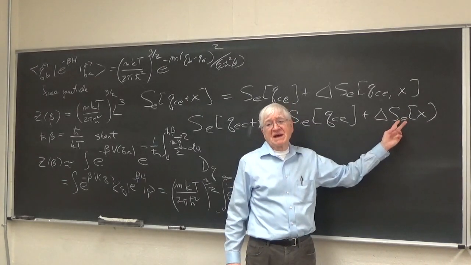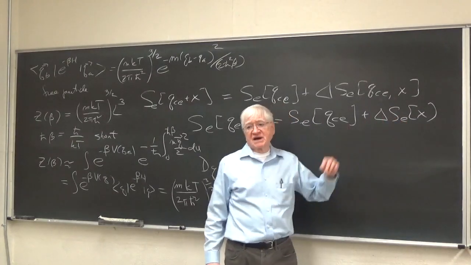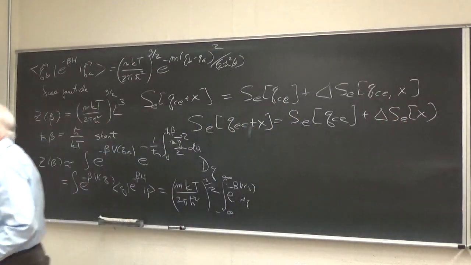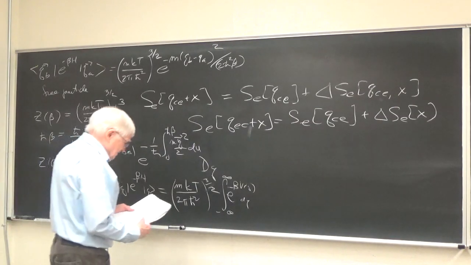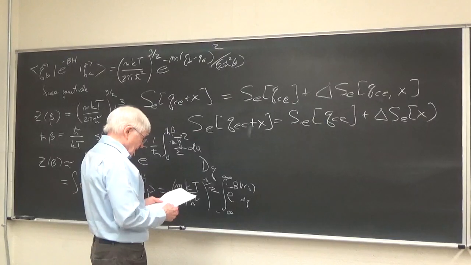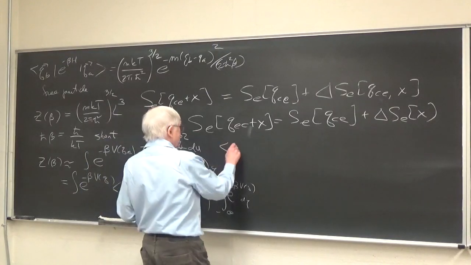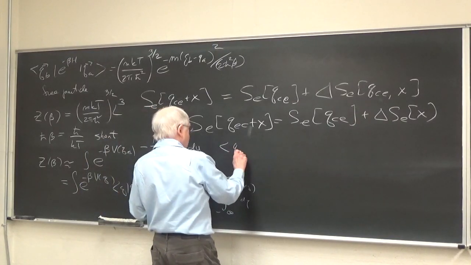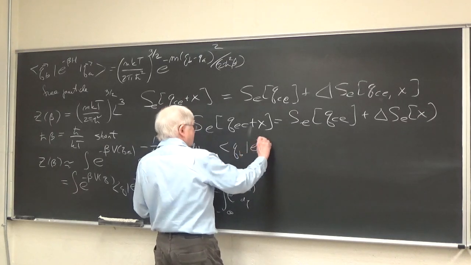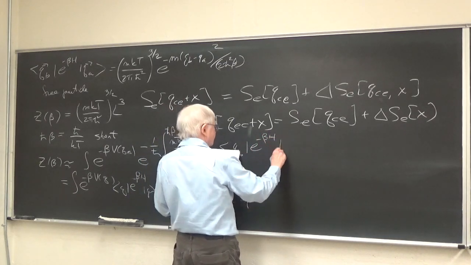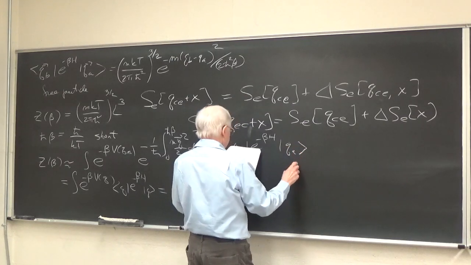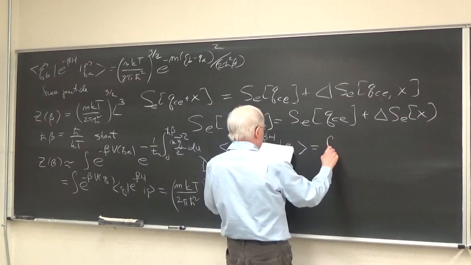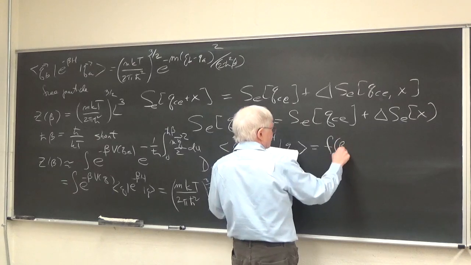So this depends on β, but not upon anything else, and upon the parameters of the theory, but not upon the classical path. And so consequently, what we can say is that ⟨qB|e^(−βH)|qA⟩ is a function of the constants.